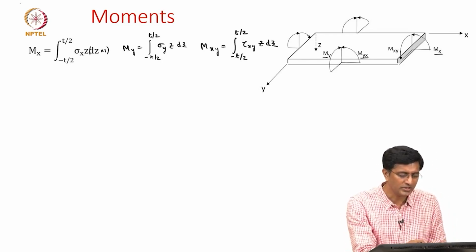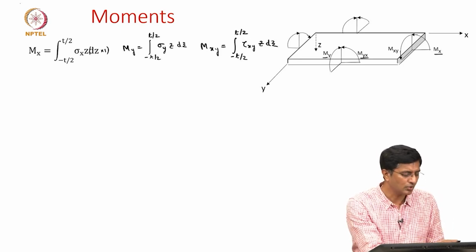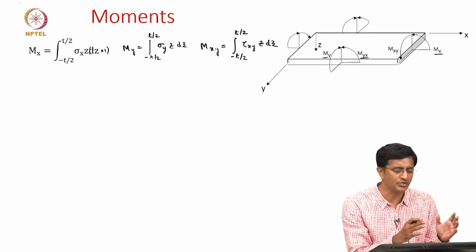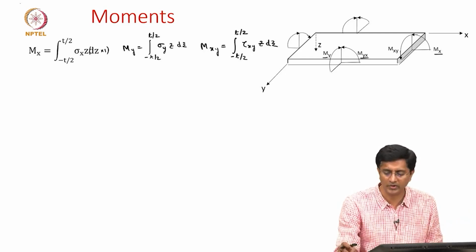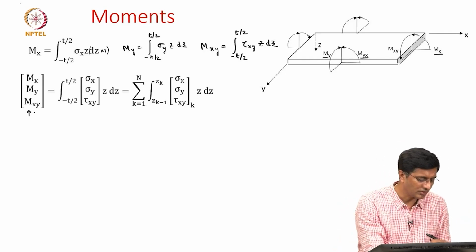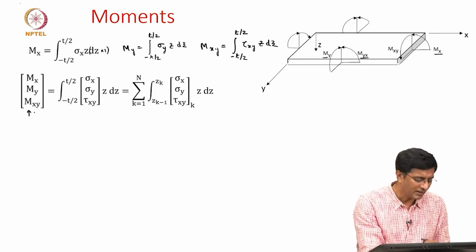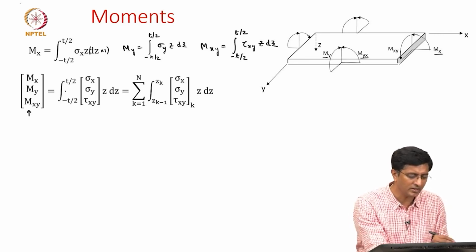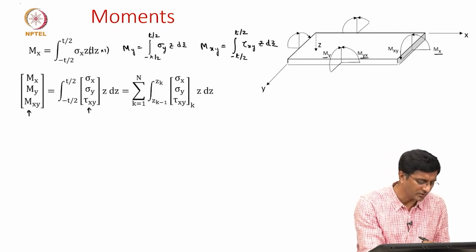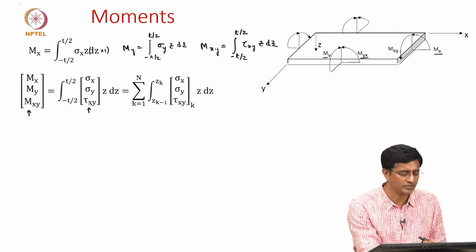Now we have these three equations to show the three components of the moments. Similar to the forces, we can bring them to one vector. So this is the vector representing or collecting all the moments, and this is the single integral to capture these three equations, where we have this vector having the components of stresses times z dz.